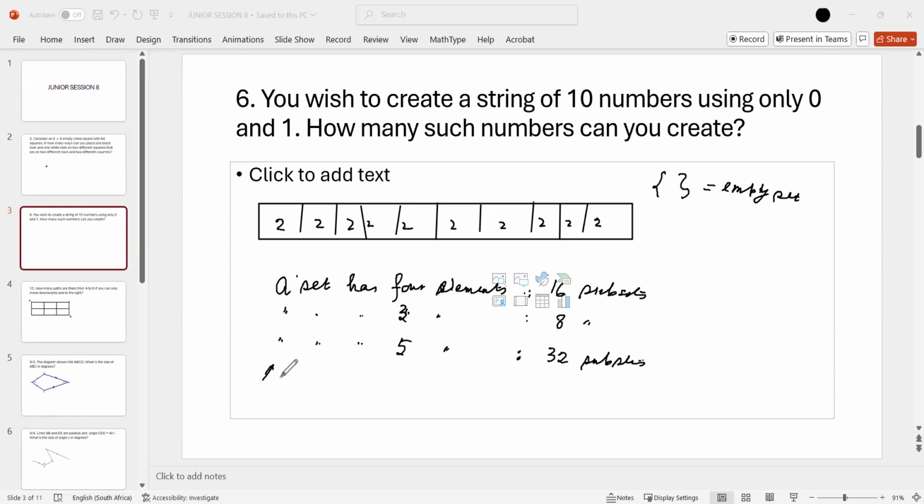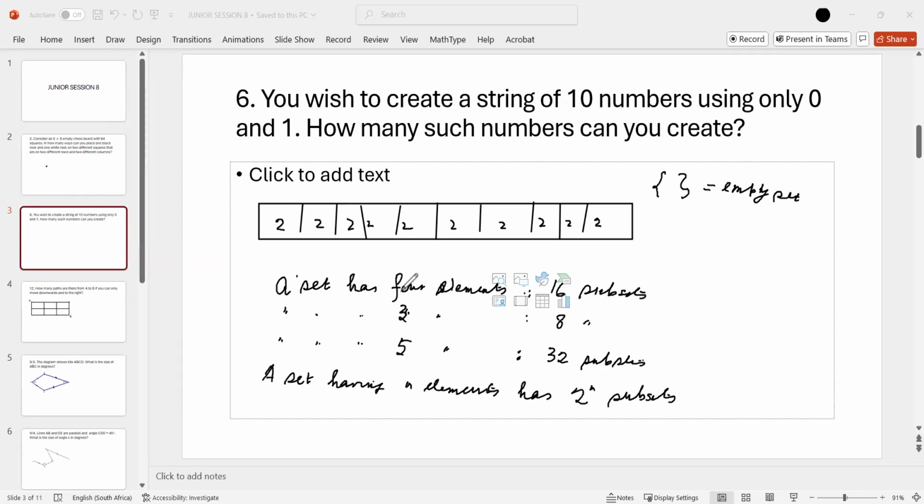So really, a set having n elements has 2 to the power of n subsets. The 32 is 2 to the power of 5. This is 2 cubed.